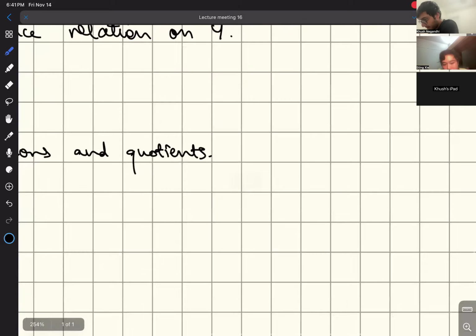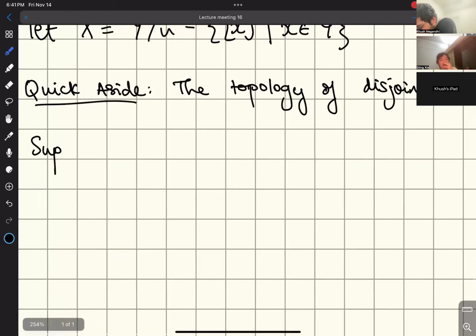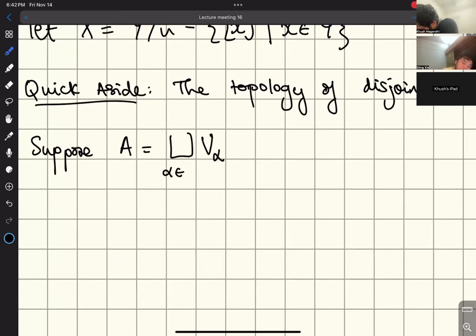So suppose A is just a disjoint union of V alpha, where alpha comes in some index set. Moreover, it's important that all these V alphas are topological spaces.